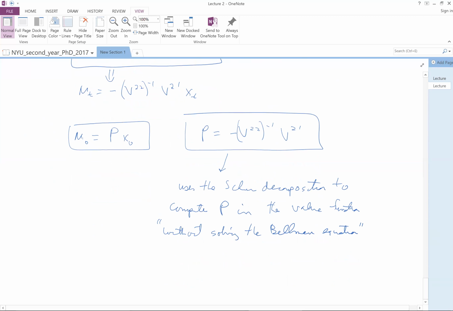So a little history of thought. This turns out to be a fast way of computing P. It's much faster than iterating on the Bellman equation.